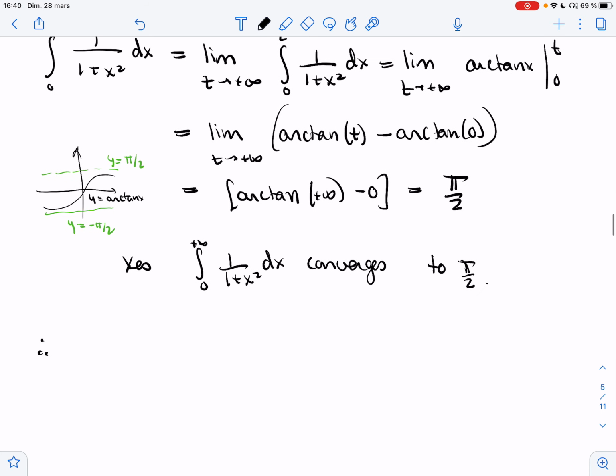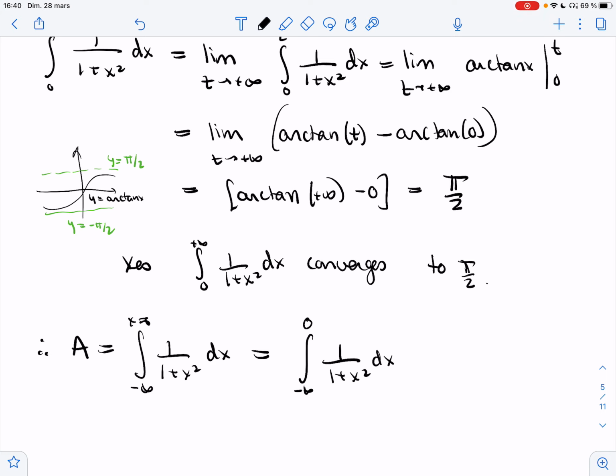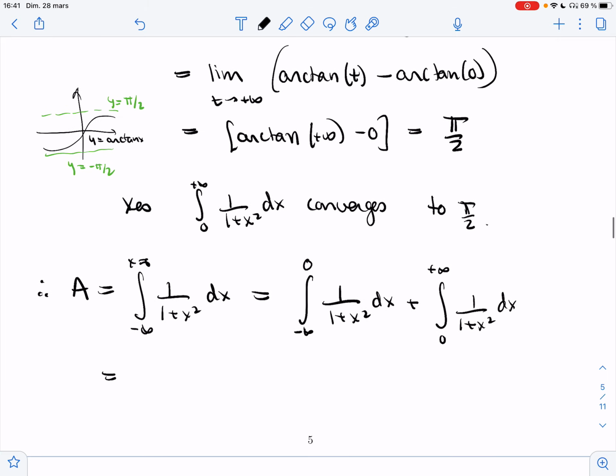And so the area, which we said was the integral from minus infinity to plus infinity, also converges. And we'll say that it's equal to the integral from minus infinity to 0, and then 0 to plus infinity. And we just computed both, and so we just add them.